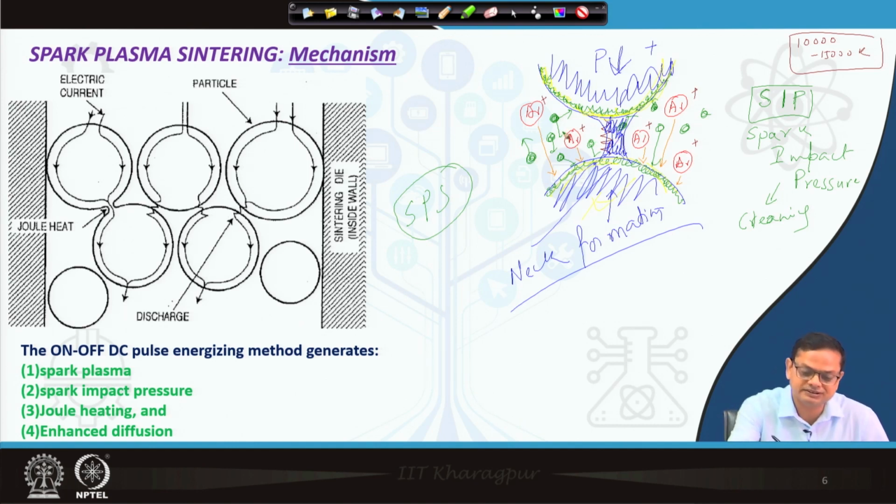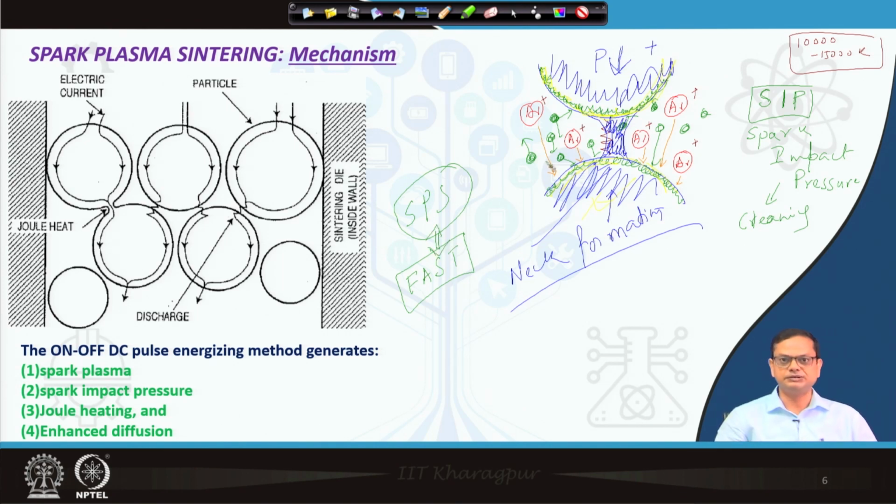So, they call it FAST, which means field assisted sintering technique. So, the SPS process and FAST process are basically similar, the names are only different. In most cases people use SPS, but in some cases you will also see people calling this process FAST, or field assisted sintering technique.